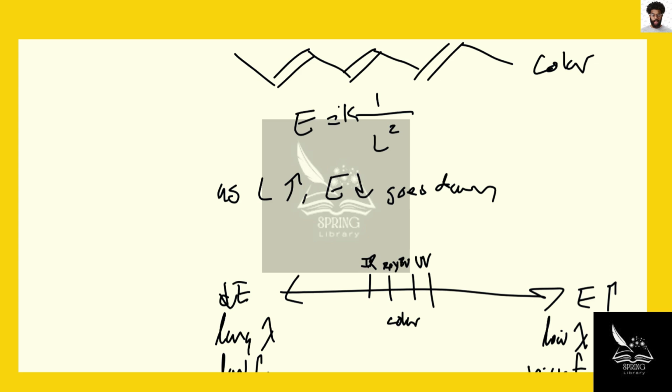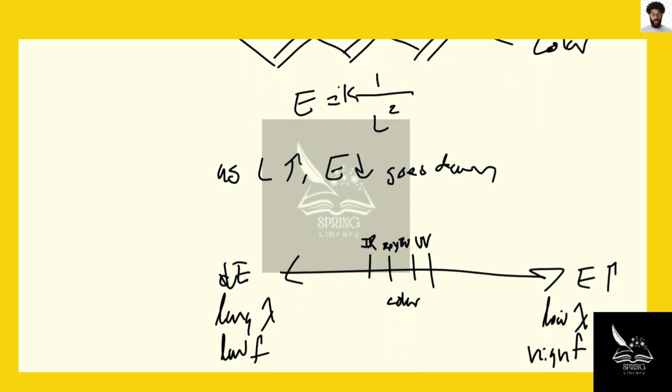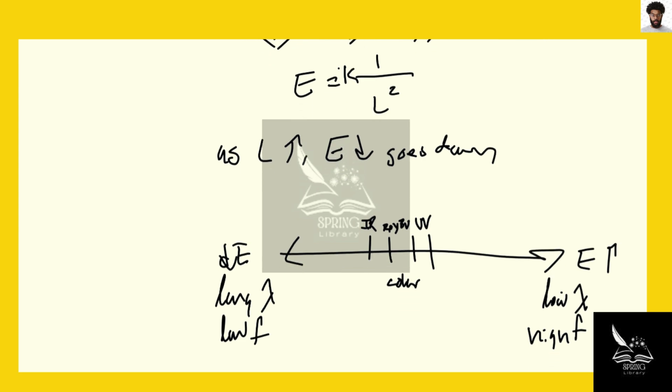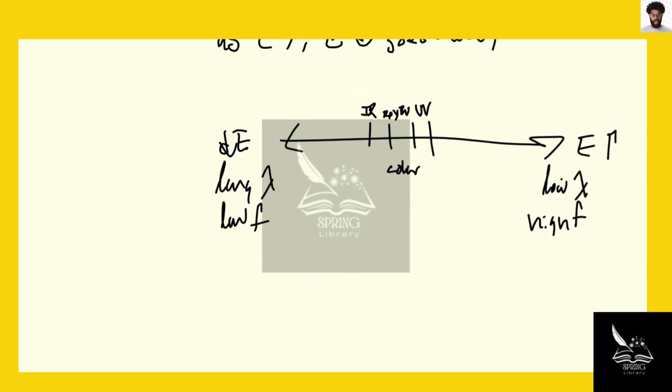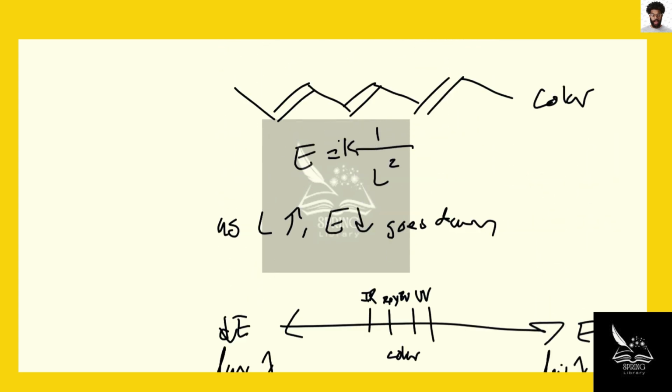Basically, that's saying that as the length of the chain increases, the energy of the absorption of electrons in that system decreases. Right, so that's the explanation. And you can explain that by noting that electron absorptions within dienes behave like the particle in a box model, in which the energy of the transition is inversely proportional to the length of the box.